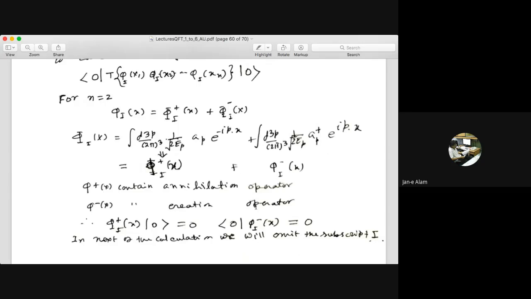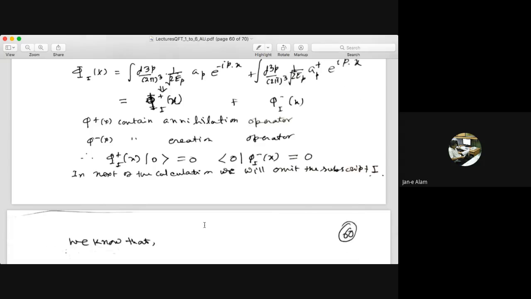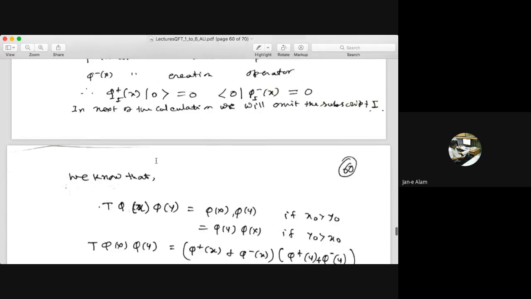We should also remember that phi plus, if it operates on the vacuum, should give me 0, because annihilation operators operating on the vacuum give 0; by definition, in vacuum there is nothing to kill or annihilate. So please remember that if phi plus directly operates on the vacuum, it gives 0. This is very important, and you'll see why.